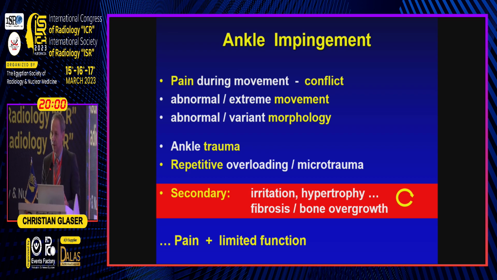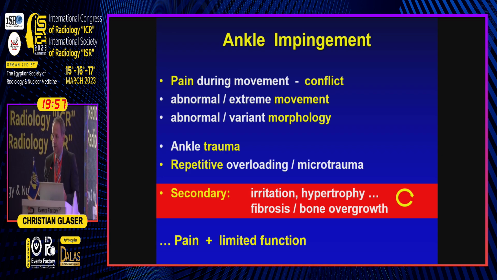And there are two components involved. The prominent component is movement. Without movement, there is no conflict. And often in sportive people, this involves abnormal or extreme ranges of movement.